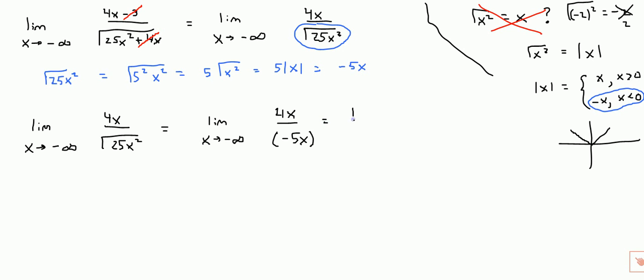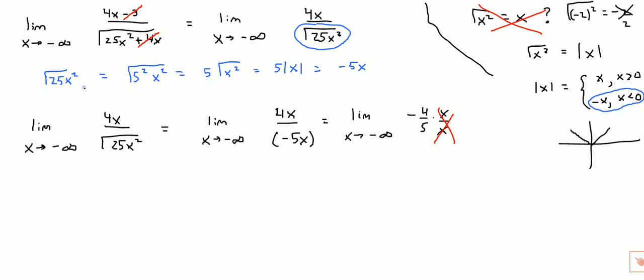So this is the limit as x approaches negative infinity of negative 4 over 5, and then there's x over x. Great, those cancel.